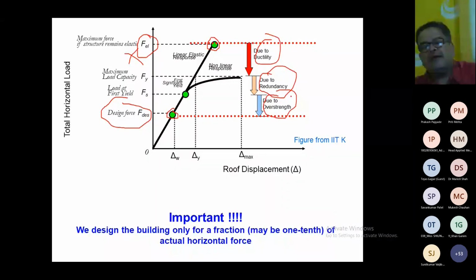What do you mean by redundancy? Redundancy means, to give you a very simple example, if you have a table having 4 legs, right, and any one leg of the table gets damaged, then your table will become unstable, right?